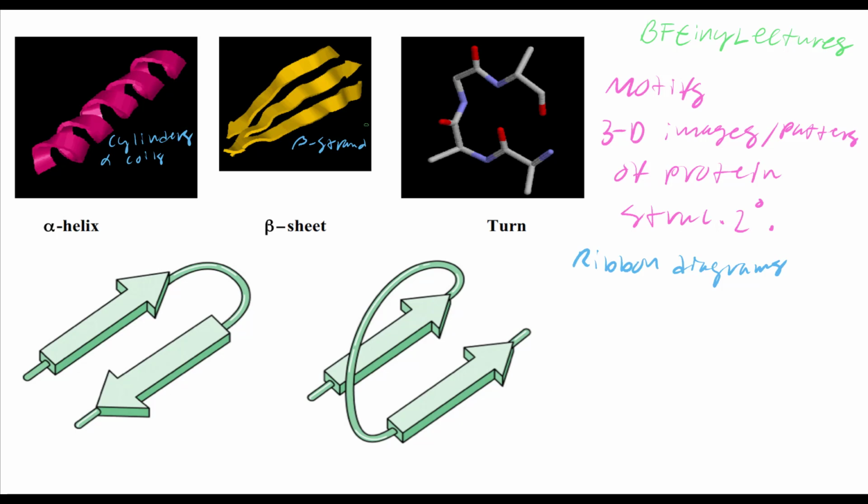And beta strands actually show direction. So this one you can't tell because normally ribbon diagrams don't show the amino acids. They don't show the N terminus to C terminus. They just show the shape, right? But over here, for beta strands, they actually do show the N terminus and C terminus, okay? And you're going to have to use some brain power to figure out the direction.